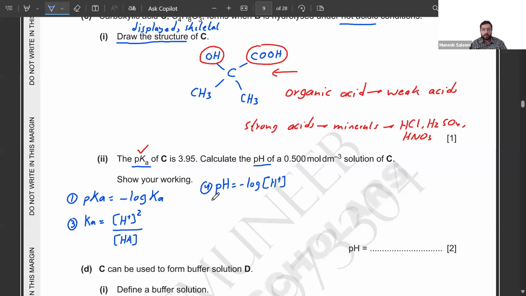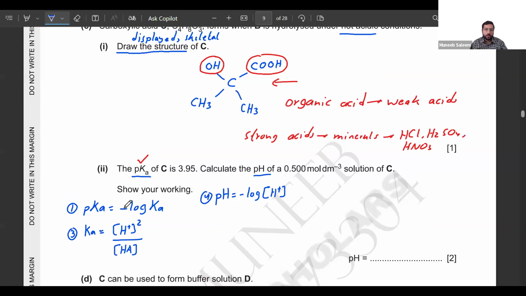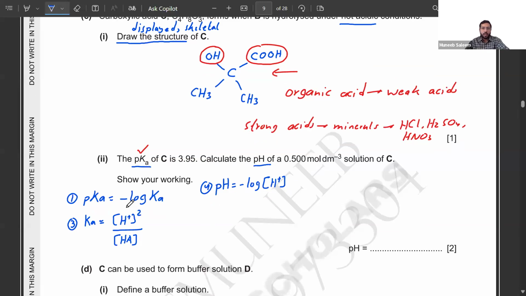So number first, the one formula which we know here is pKa is equal to minus log of Ka. We convert this formula to find out Ka. So Ka is equal to the anti-log, and this minus becomes the power.